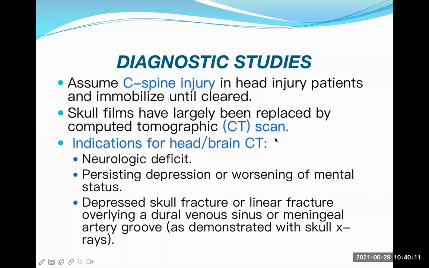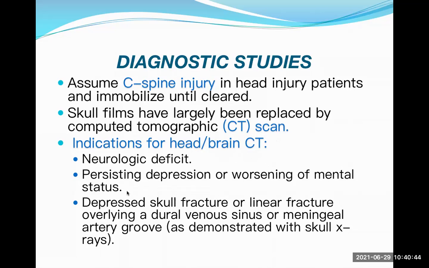A CT scan will be taken, and these are the indications for head or brain CT. Any case of neurological deficit, we go for head CT scan. Neurological deficit means some neurological damage like hemiplegia, monoplegia, loss of vision, loss of hearing, any cranial nerve deficit like that. If there is persisting depression or worsening of the mental status, then CT will be done.